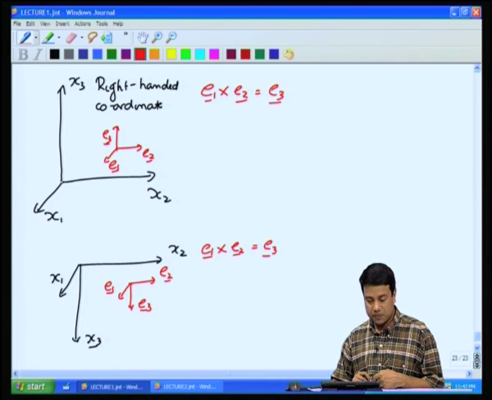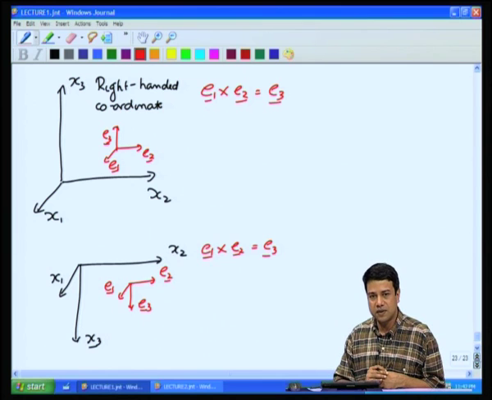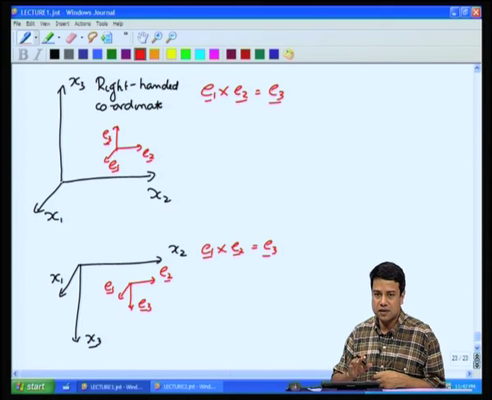So it appears that if I have two vectors E1 and E2, the cross product of those two is upward in a right handed coordinate system and downward in a left handed coordinate system. It seems like a trick question, but it is not. In fact, in a right handed coordinate system, the cross product that you get is opposite to what you get in a left handed coordinate system.